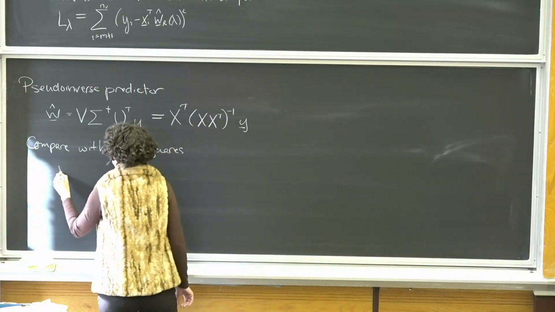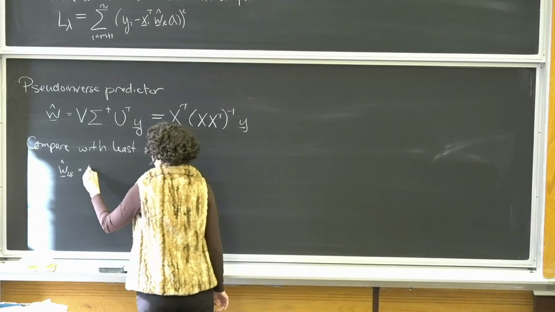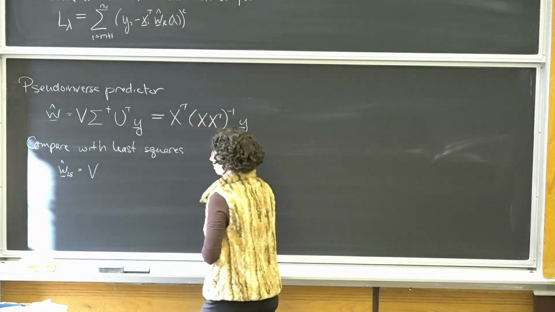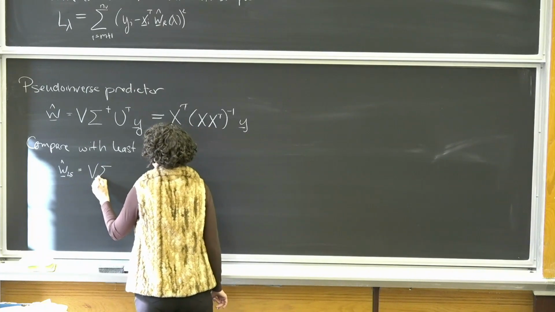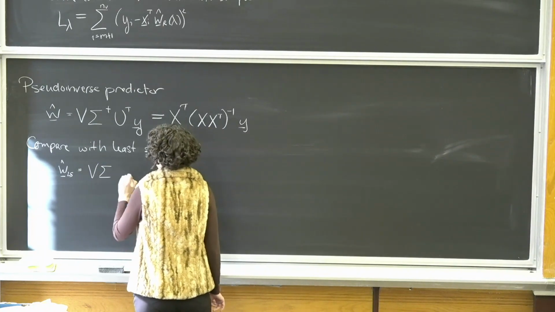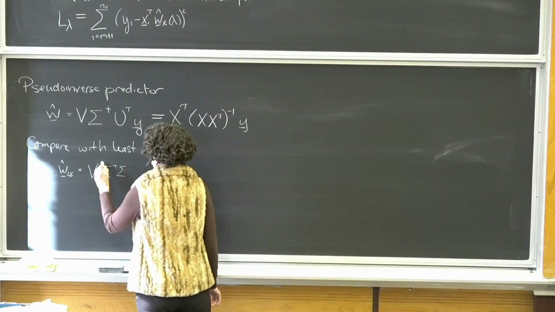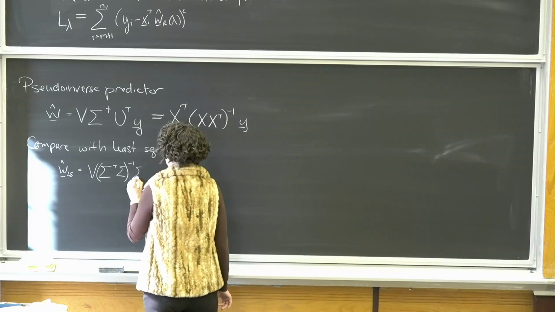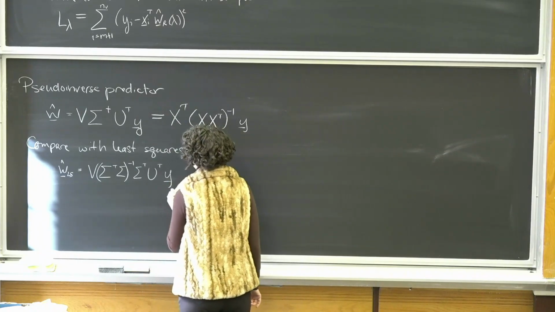So with least squares, we had a weight vector that we derived to be V times sigma transpose sigma inverse, sigma transpose U transpose Y.